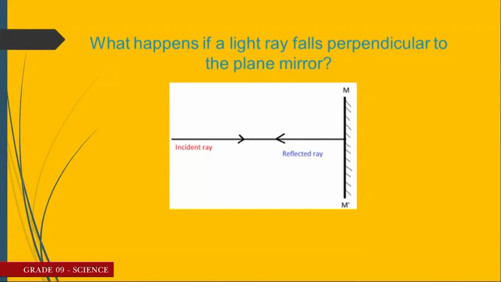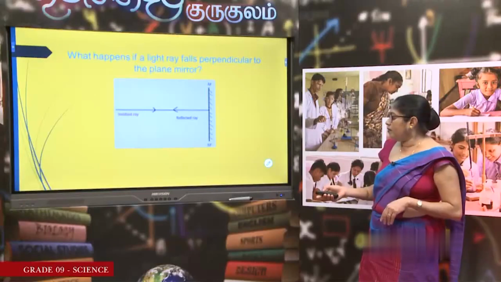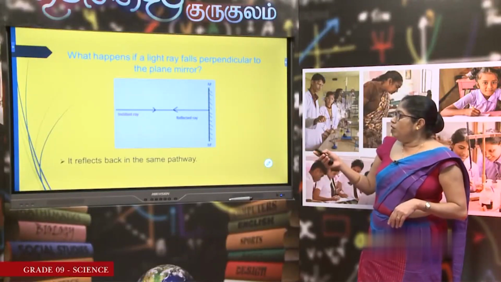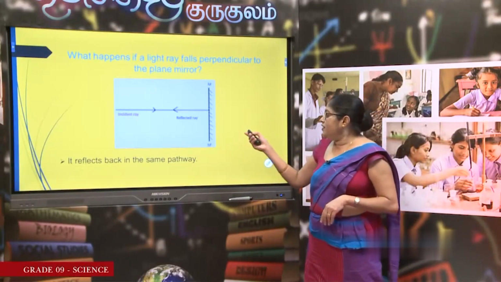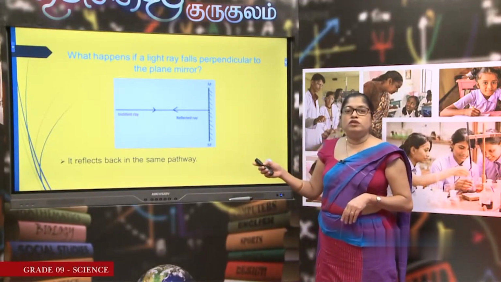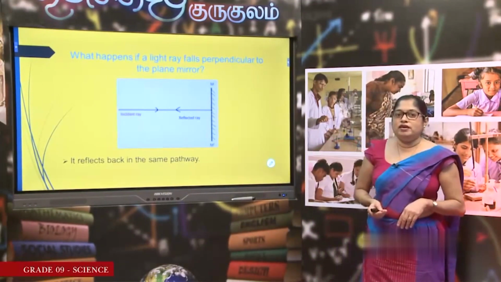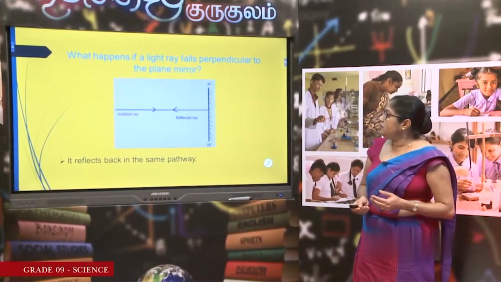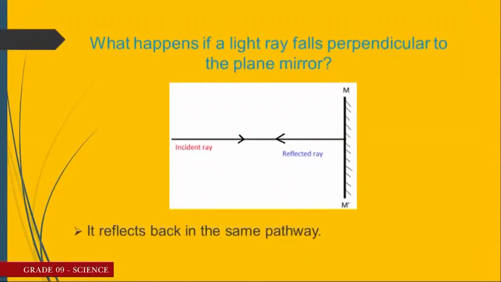The reflected ray is also travelling in the same pathway. The incident ray and the reflected ray are both in the same line. So, if a light ray falls perpendicular to the mirror, it reflects back in the same pathway.